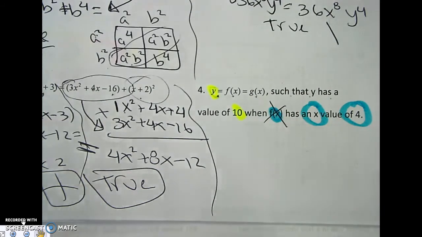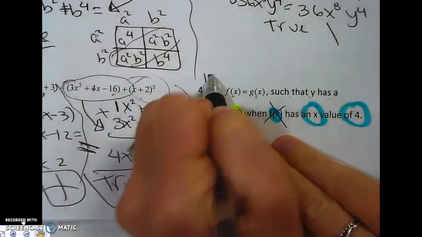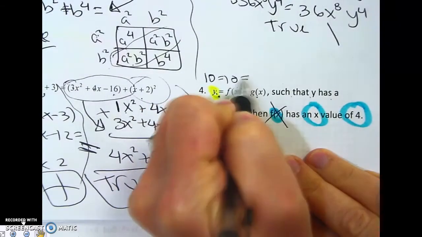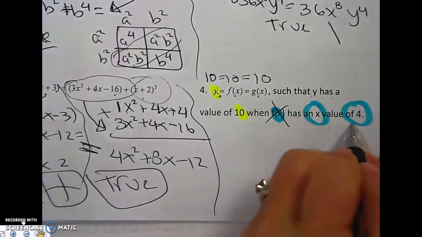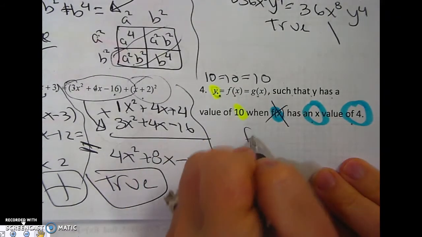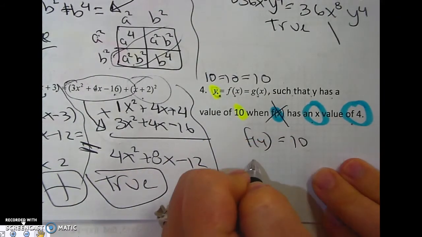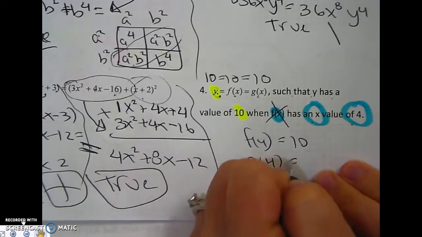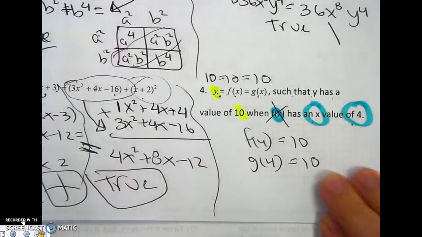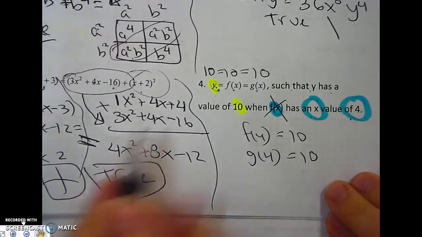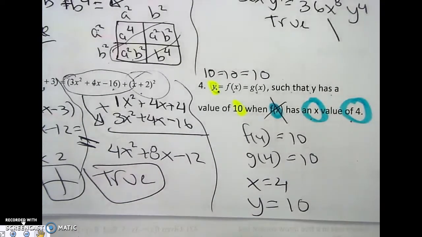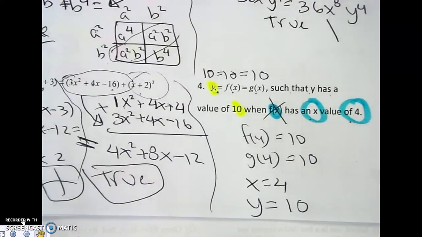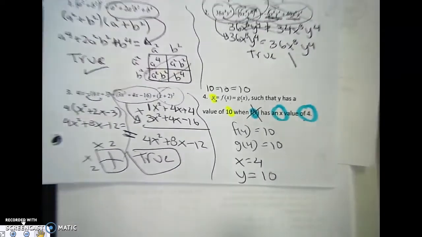So that means that we know that if this is 10, f of x is 10, and g of x is 10. I don't really know what the question is asking. It has an x value of 4. So what that's saying is that f of 4 equals 10, and g of 4 equals 10. Okay? Therefore, all that I know right now is that x equals 4 and y equals 10. Okay? So your homework is just to have this done, but you already have it done, so you'll be fine.